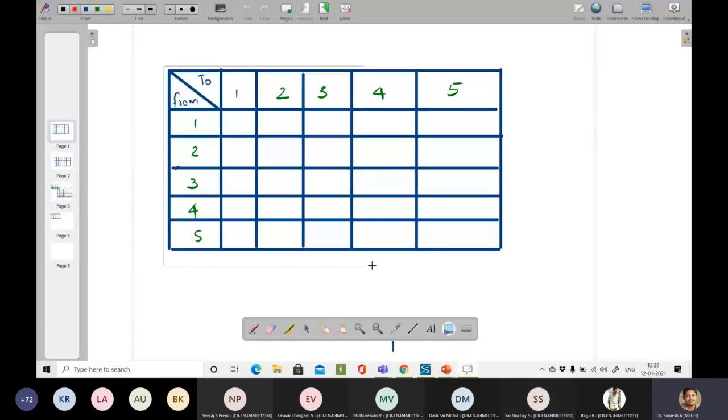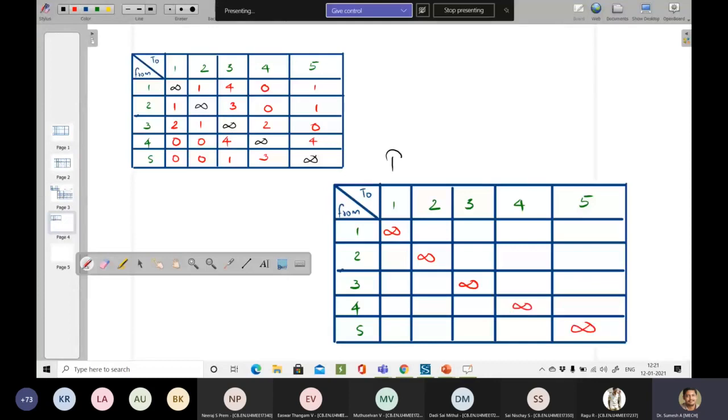Okay, right. Now perform the column operation. So first column remains as it is: 1, 2, 0, 0. Second column also no change: 1, 1, 0, 0. Third one, 1 is the minimum. So 0, you will have 3, 2 and 3.